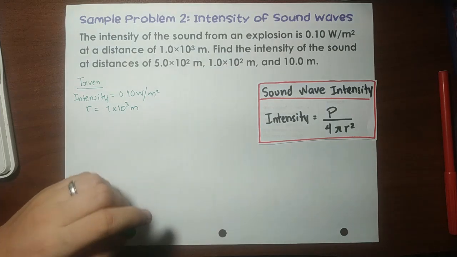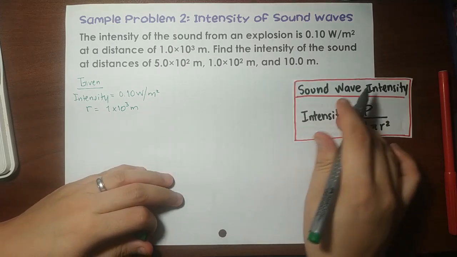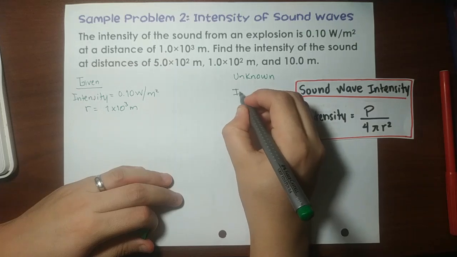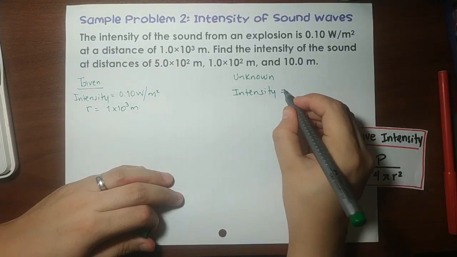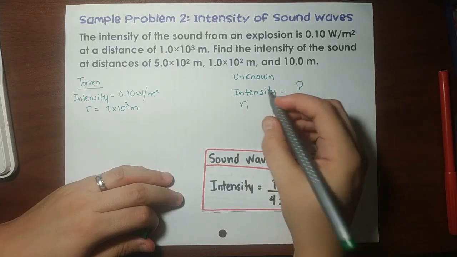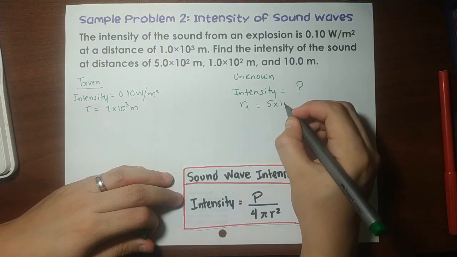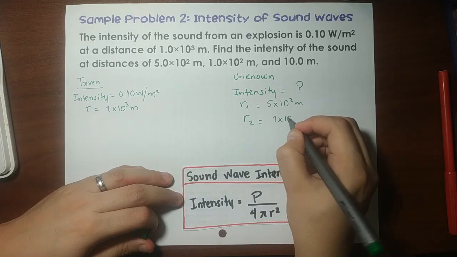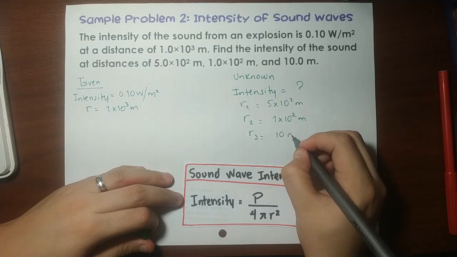Now, what do I need to calculate intensity? I need the intensity unknown, but I know that I have a distance 1 of 5 times 10 to the second power meters, a distance 2 of 1 times 10 to the second power meters, and a distance 3 equals 10 meters.